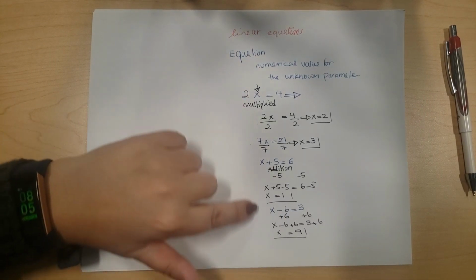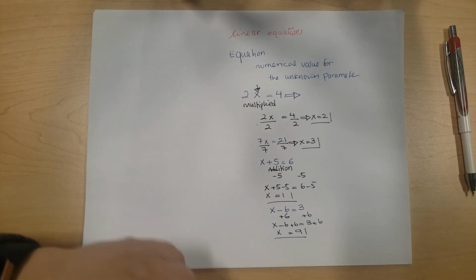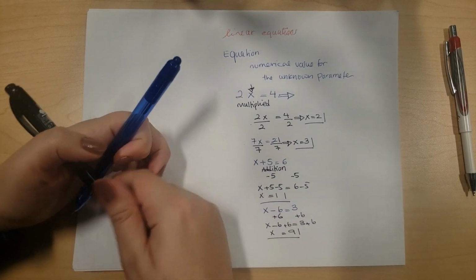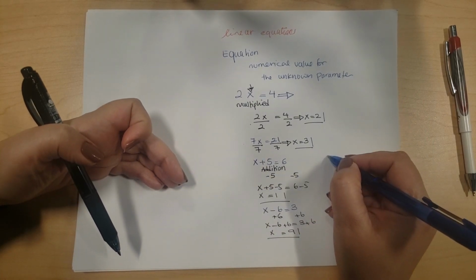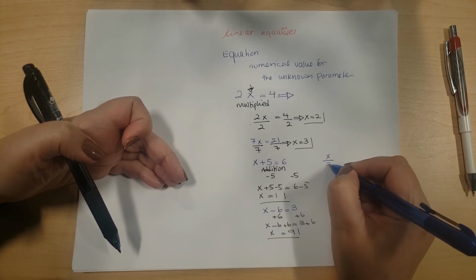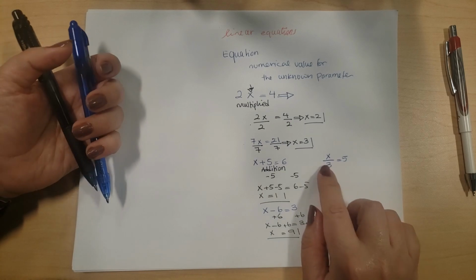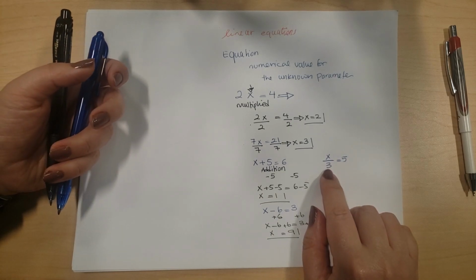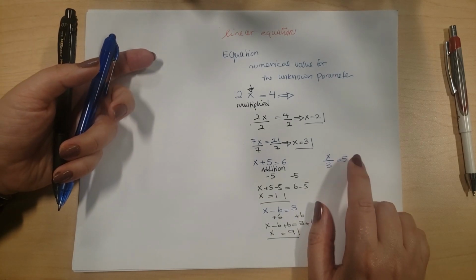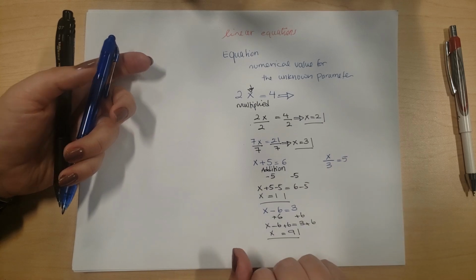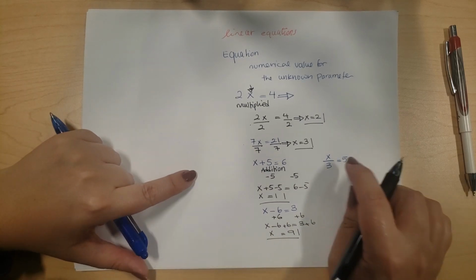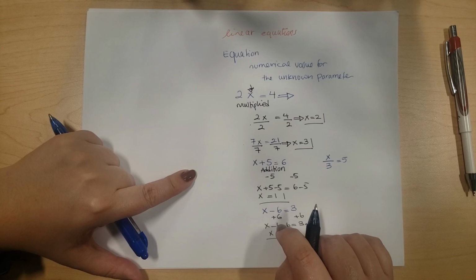These are 3 different scenarios. And then let's talk about the fourth one. The fourth one would be x divided by 3 equals 5. In here, the unknown variable is divided by a number and then equals another constant. Again, we want to have the x isolated.